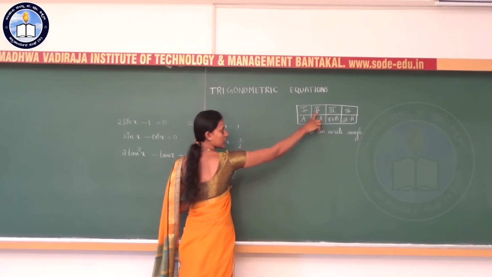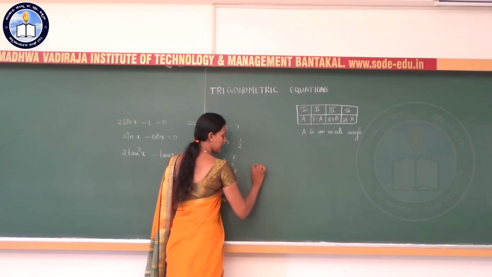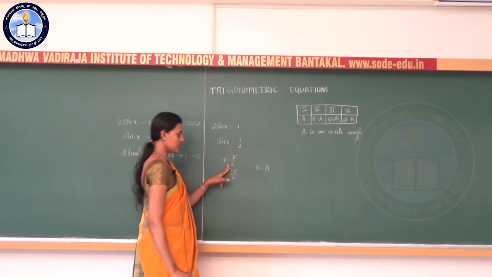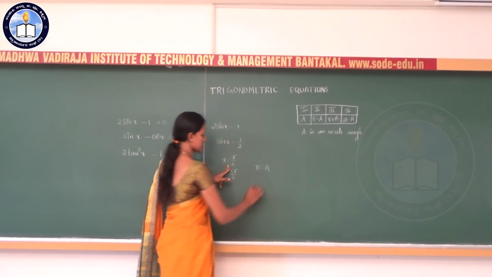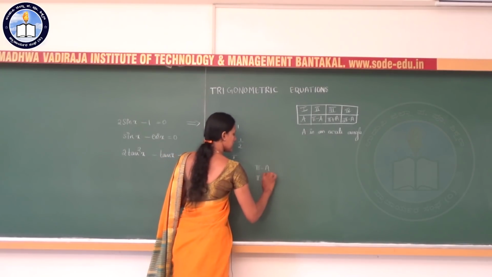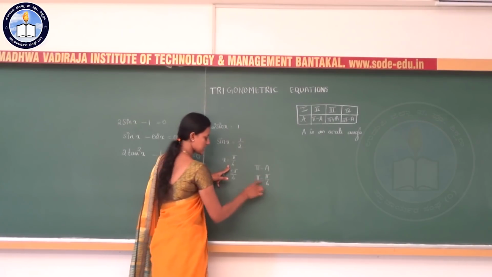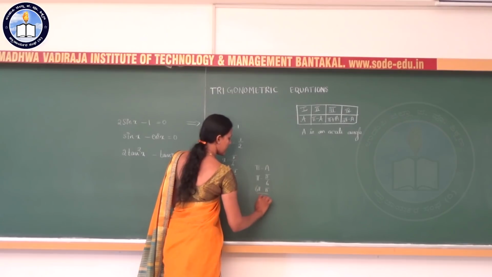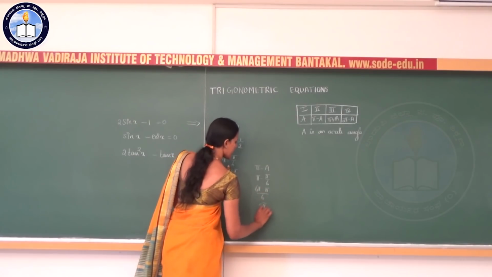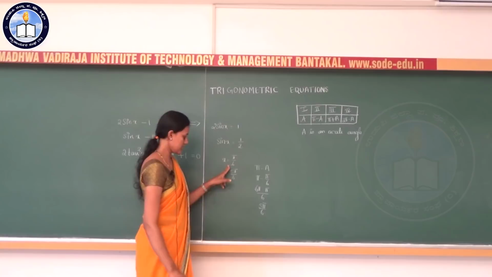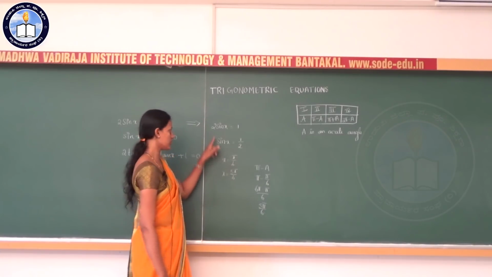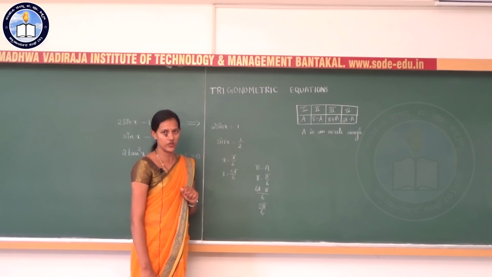As it is in the second quadrant, it will be pi minus A. A is the acute angle. Here the acute angle is pi by 6. So, this will be pi minus pi by 6, which is 6 pi minus pi by 6, or 5 pi by 6. This is how we can find the second principal solution of the trigonometric equation.